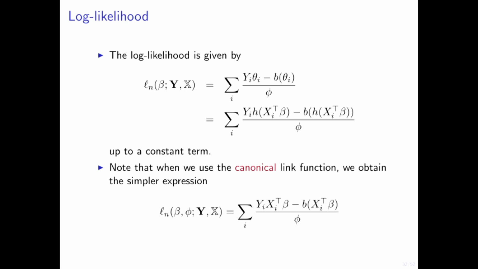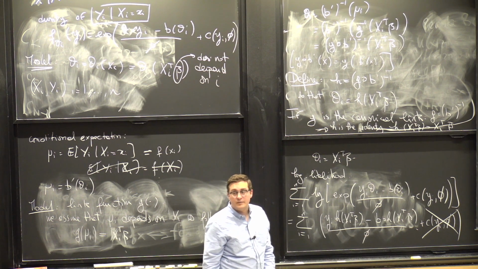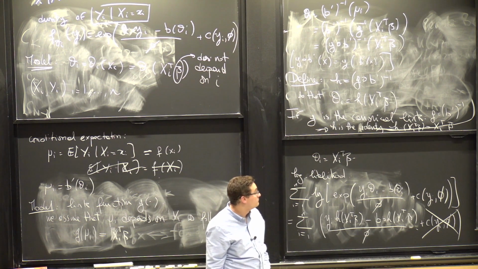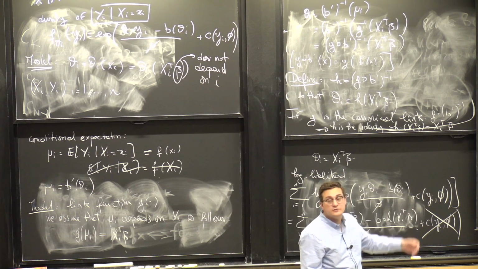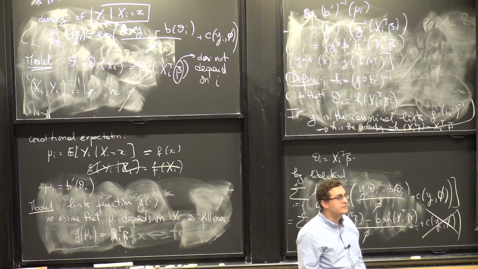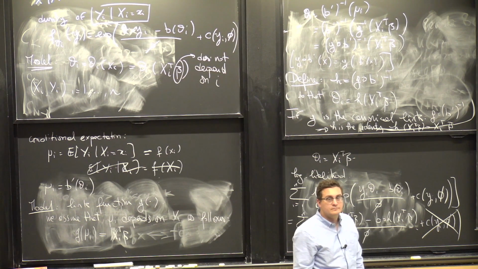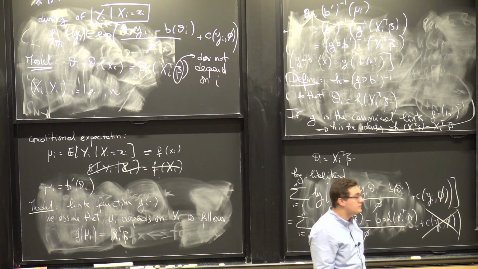And actually, if you look here, it's gone, because it does not matter. So let's just pretend it's not here, because it won't matter when I'm trying to maximize the likelihood. It's here up to a constant term, it says. That's the constant term. All right? Any question?